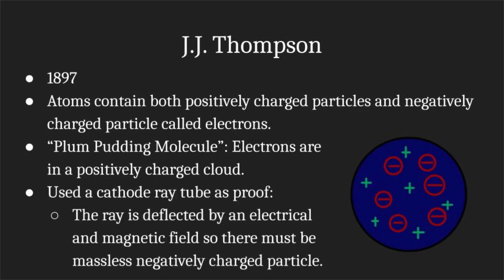To prove this model, he used a cathode ray, which is basically a tube with a beam of light in it. And he realized that he could deflect this ray away from the negative end of the terminal to a positive end if there was a magnetic field or an electrical field. Using this, he concluded that there has to be electrical charge or electrons in an atom.